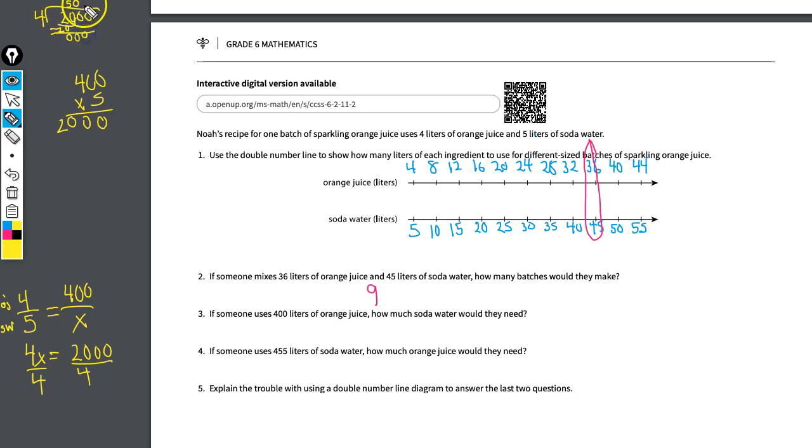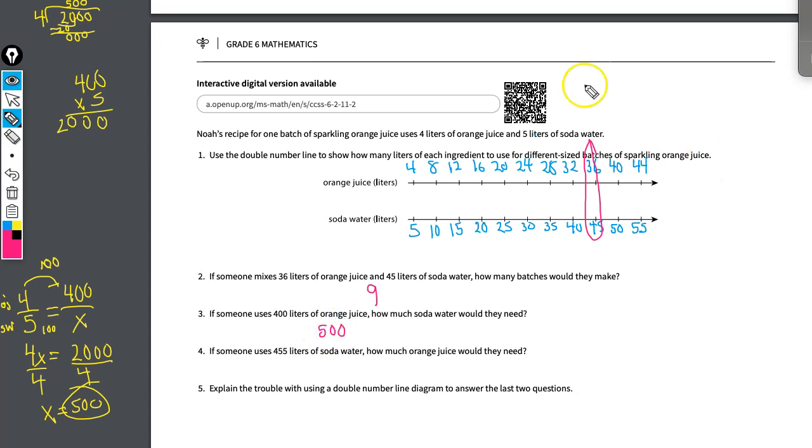And it can't go in there, so it's 0, so it's 500. So X is equal to 500. Look, remember the other way that I showed you? What do I multiply 4 by to get 400? Well, 100, right? And 5 times 100 is 500. So my answer to this one is 500.